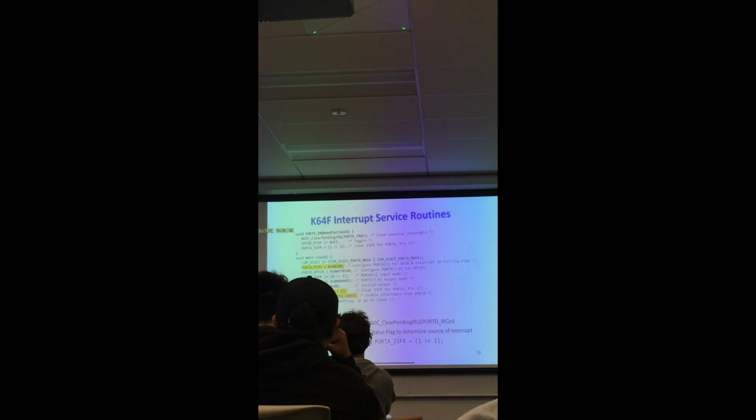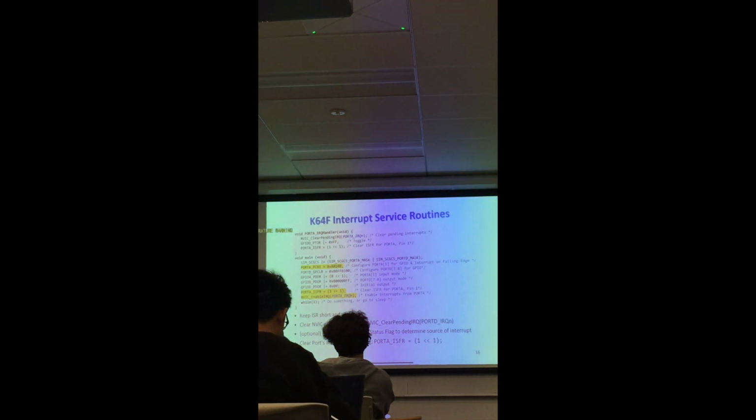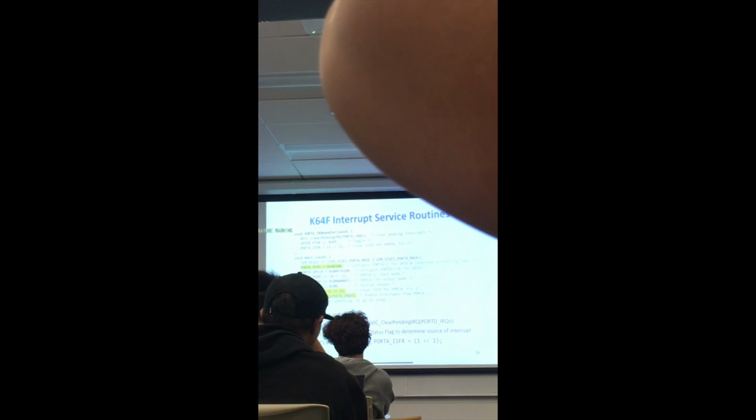In that case you don't have to check, because that's the only pin configured to receive interrupts. But if you have multiple pins connected to the same port which would trigger an interrupt, within the interrupt service routine you have to check which one was asking for the interrupt.